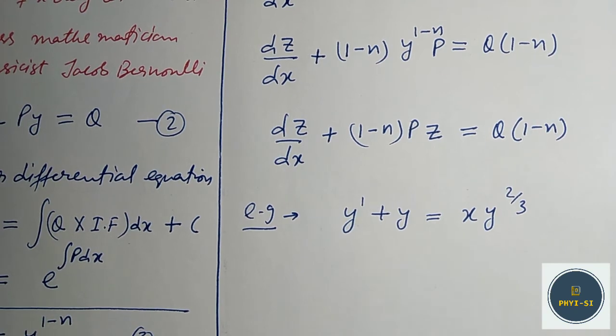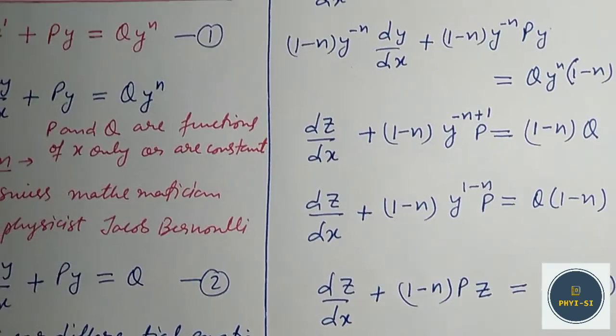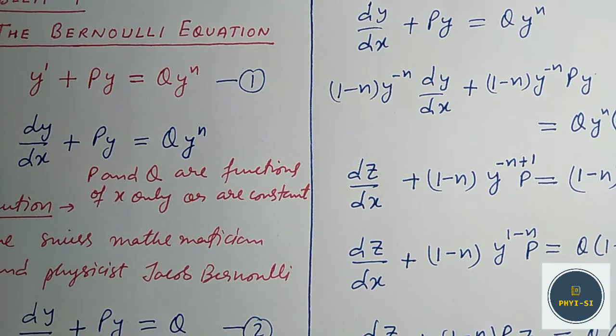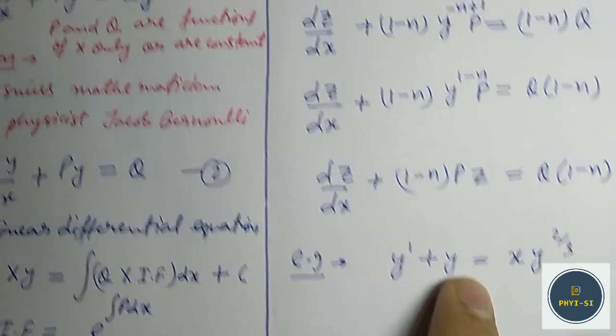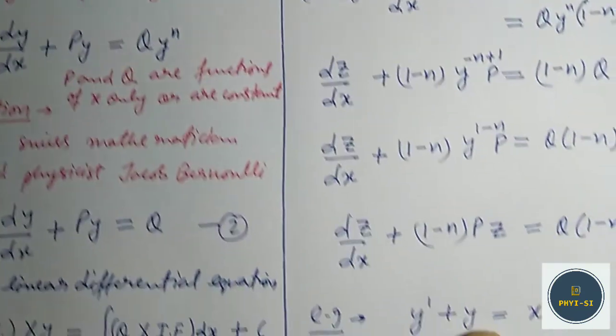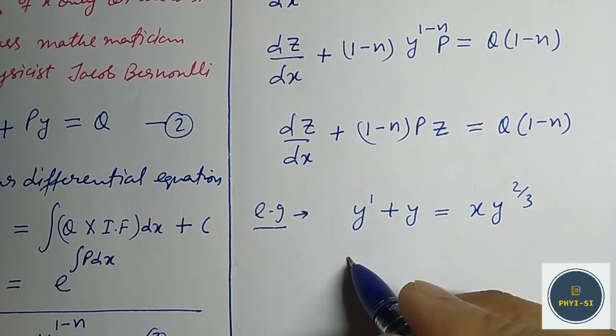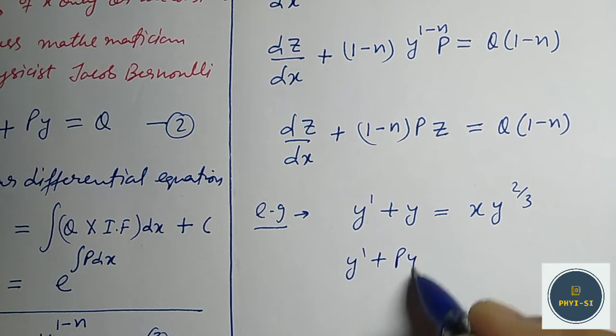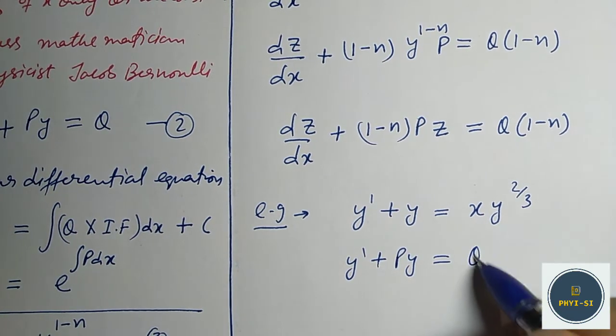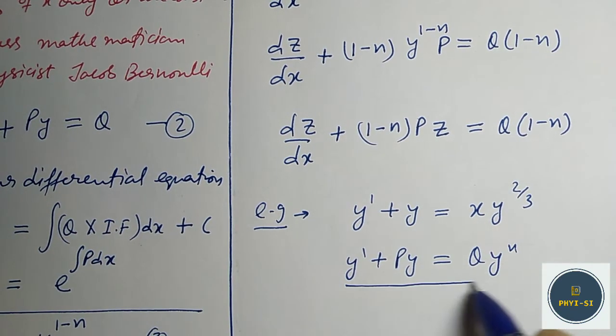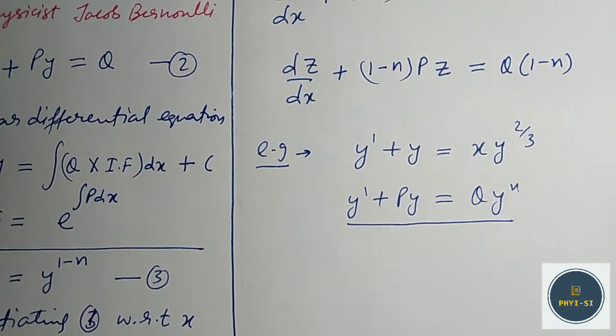Here, if I compare this equation with the general equation, let's write it again: y' plus py is equal to q y raised to power n. This is the general form of Bernoulli's equation.